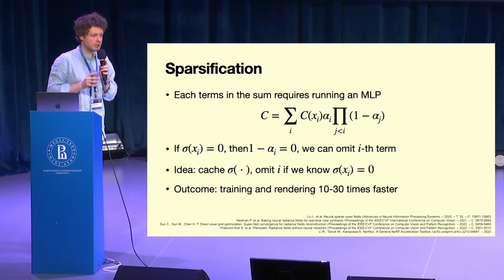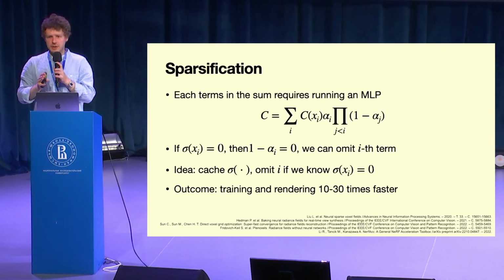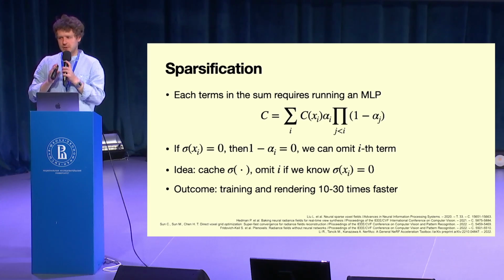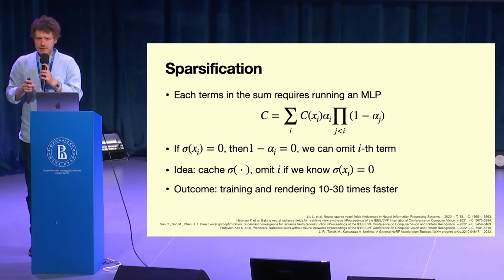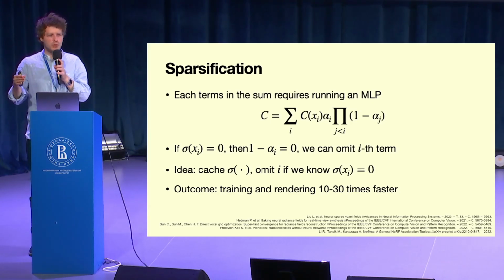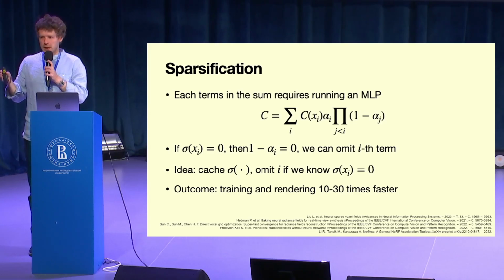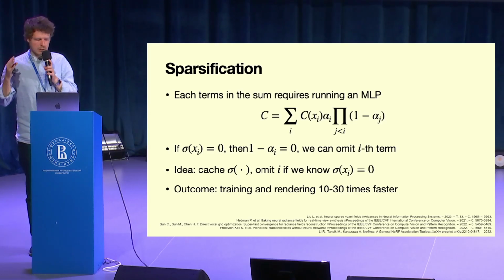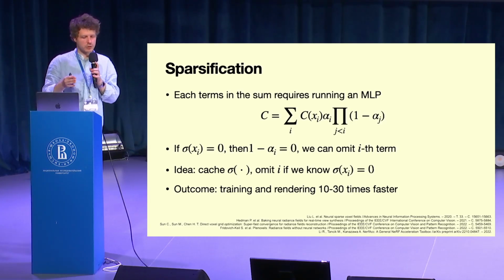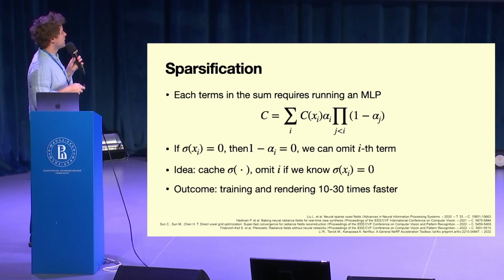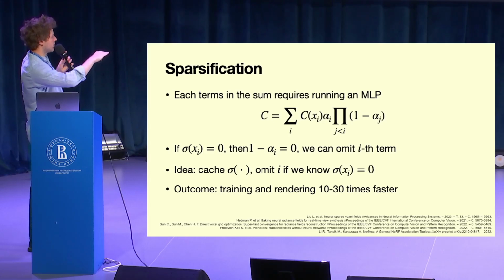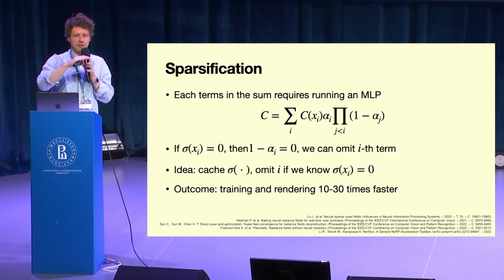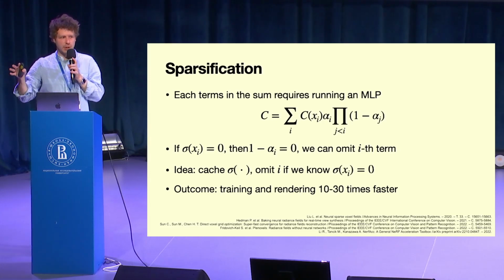So the first idea, which is so simple that it usually does not get explicitly mentioned in state-of-the-art papers, is that the amount of compute we waste on rendering is large. So we have this formula where we compute aggregated color for each ray. We have to compute this color for millions of rays.